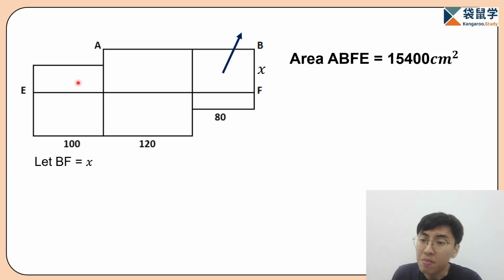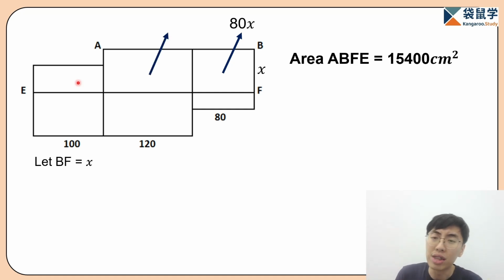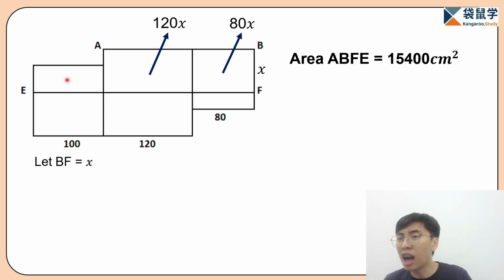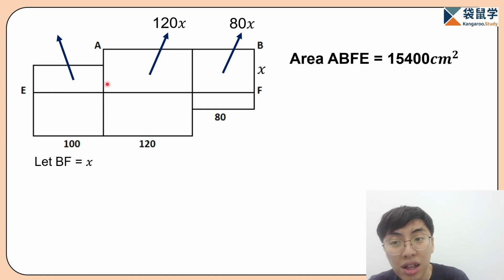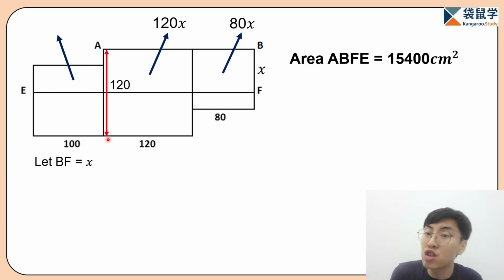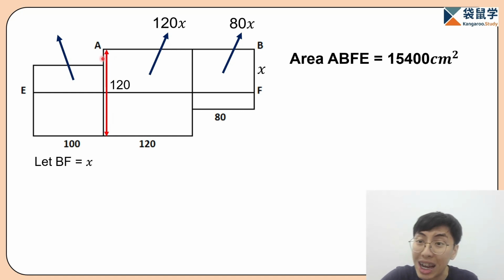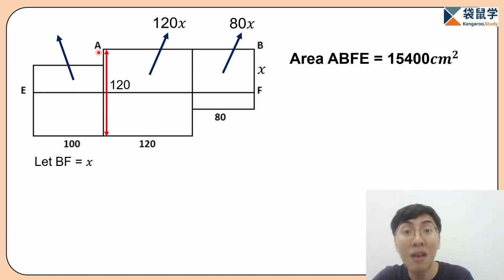So now let us just do it. This first rectangle, what is its area? Very simple, 80x. What about the next one over here? 120x. And the last one, how do we find the area of this last rectangle? Since we are given that the total length of A downwards is just 120, do we know what is this short length above?